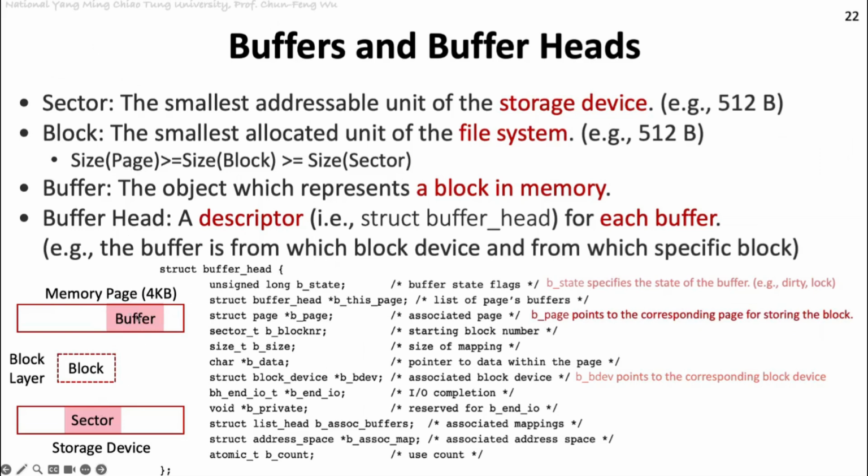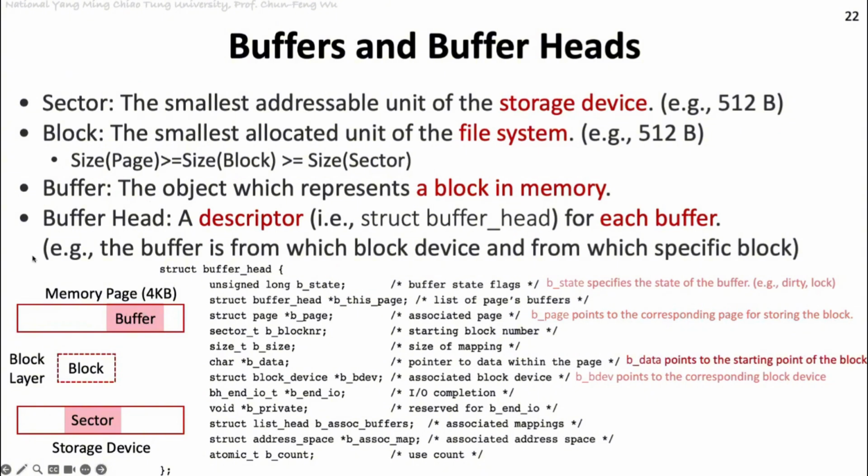If the buffer is 512 bytes, then we can have eight buffers inside one page. So we need some way to identify which page it is. And then we have b-data. It points to the starting point of the block.